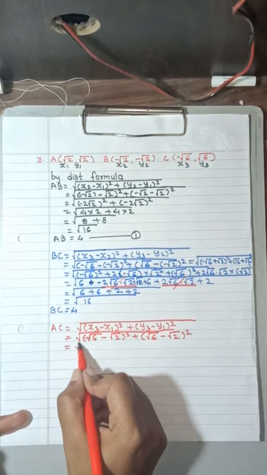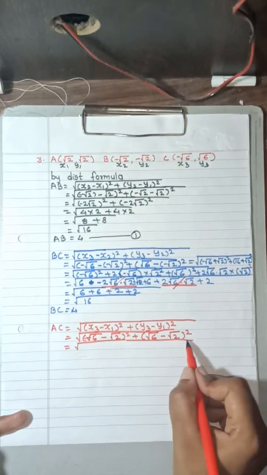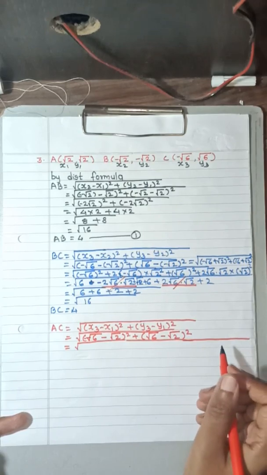Okay, now under root of, we have to put again the formula, that is a minus b bracket square.